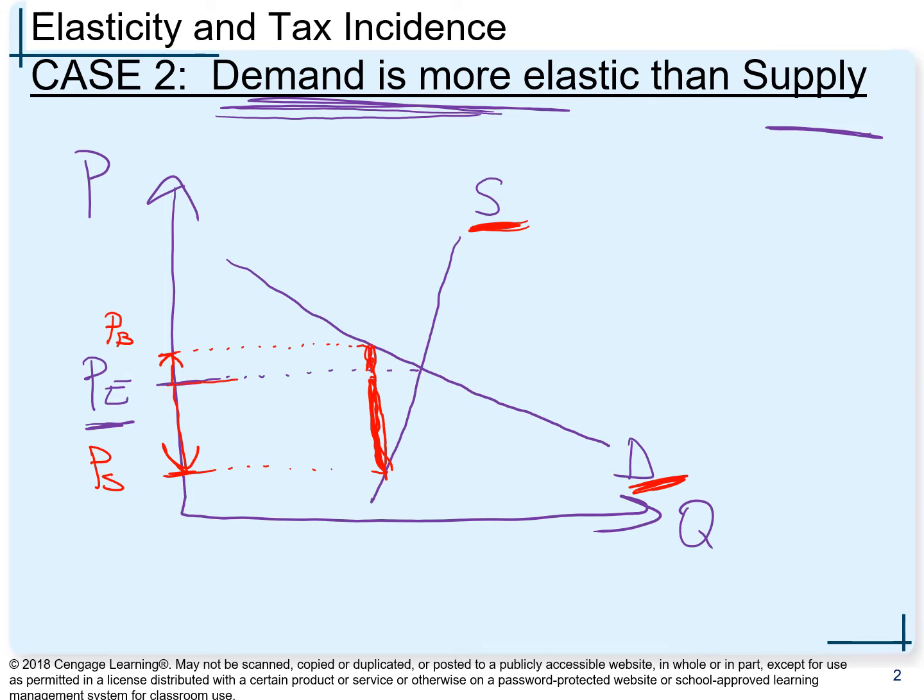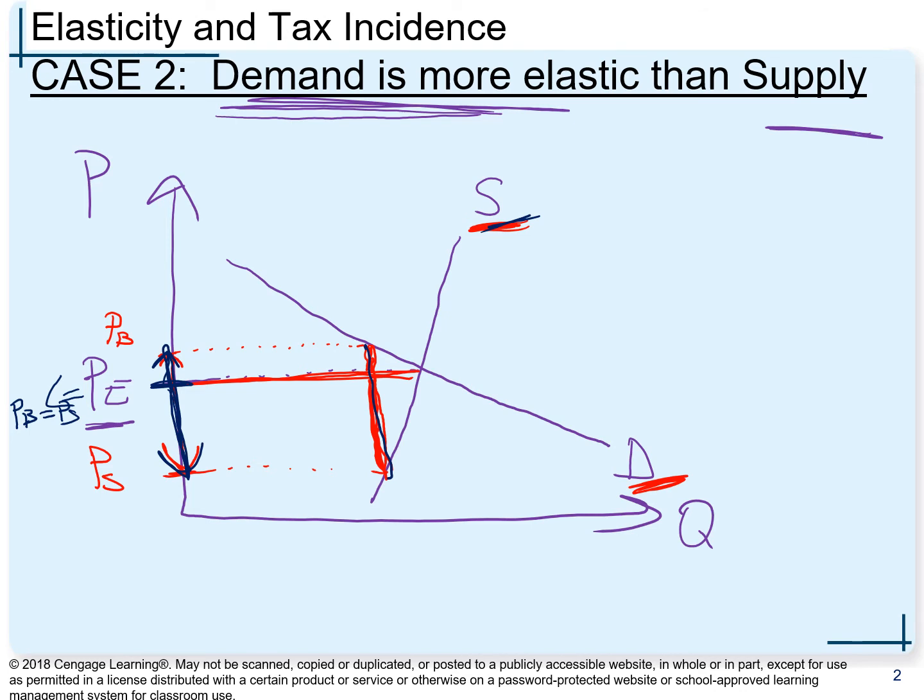So once again, the tax you see over here, this is the tax, and it's split because initially the price that buyers were paying was equal to the price that sellers were receiving. So the price that buyers are paying increased only by a little bit, and the price that sellers are receiving decreased by a lot. Sellers do not have that much alternative.